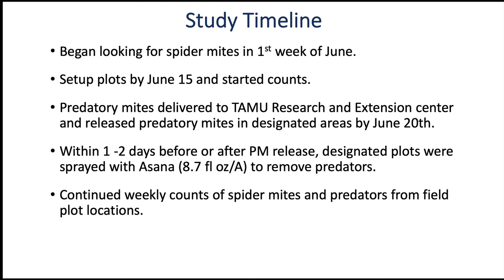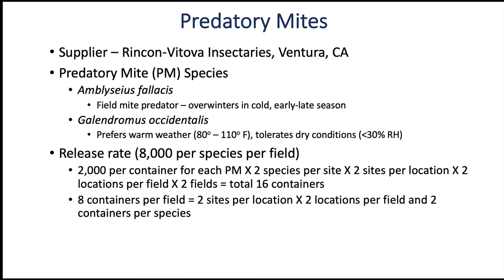Within 1 to 2 days before and after predatory mite release, those plots that we designated to be sprayed with Asana were treated, and so we did remove those predators within those plots. We did continue to count the spider mites and look for predators within that field throughout the season until the end of August.